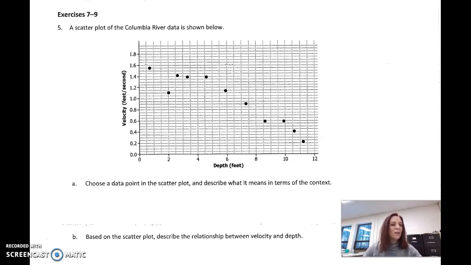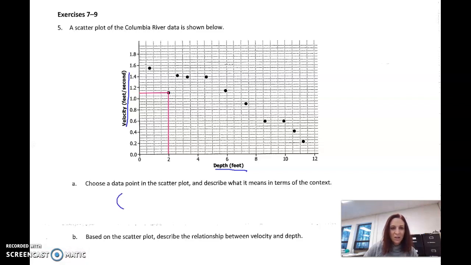We want to just choose a point and describe what it means in the context of this. So here's the scatter plot of depth and velocity. Maybe choose 2. This one looks pretty easy, right? 2, 1.1. It'll be halfway in between there. Actually, if I look at the chart, it's like 1.11, but that's okay. We're going from our chart.